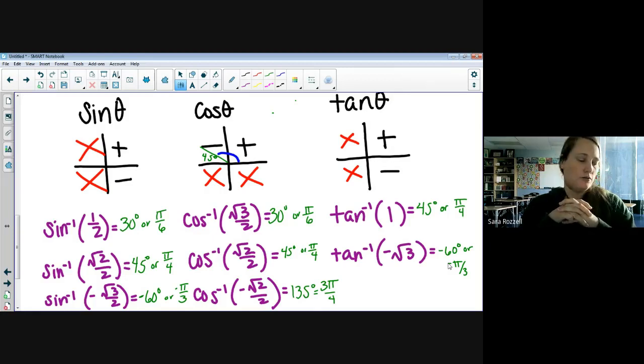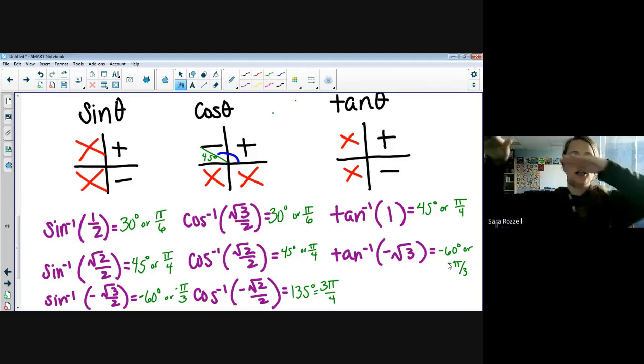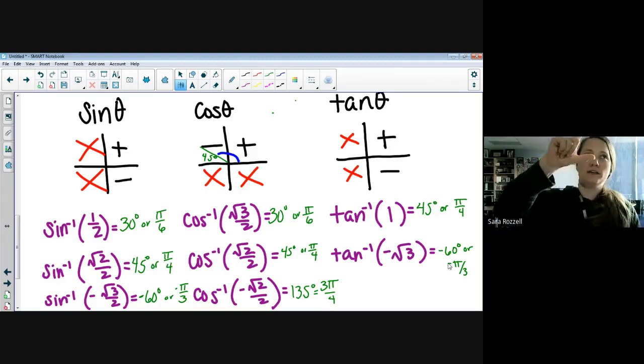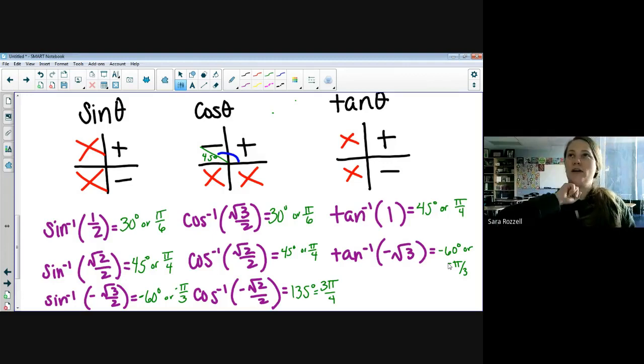So they're giving you what would have been our answer before, you go back and find the angle. Thumbs up if that's okay. You're just looking and writing the angle down? Okay. If it's negative on sine and tangent, just write negative of whatever that angle is. On cosine, you have to make a little reference angle and figure out what it would be. All right.